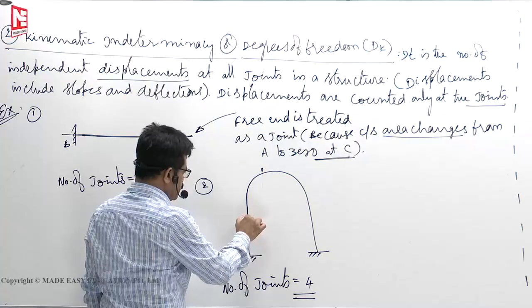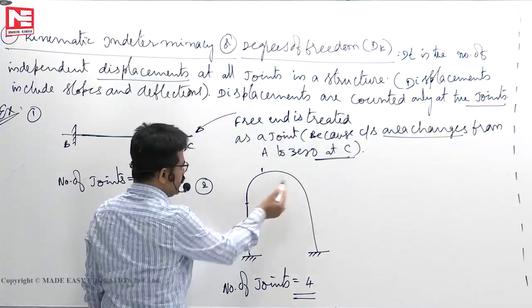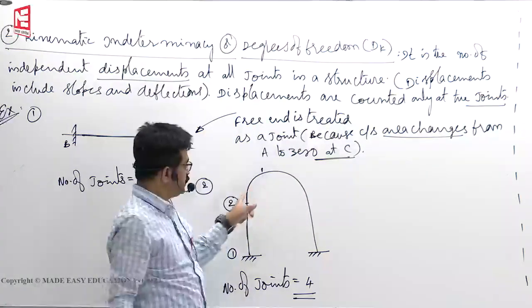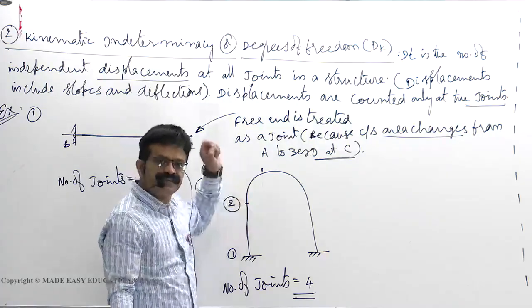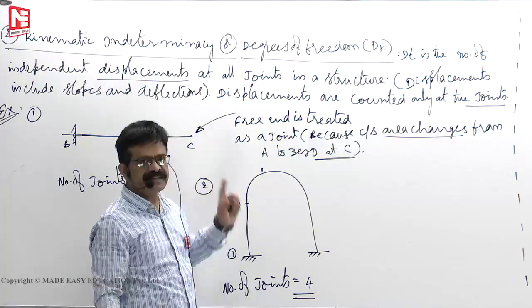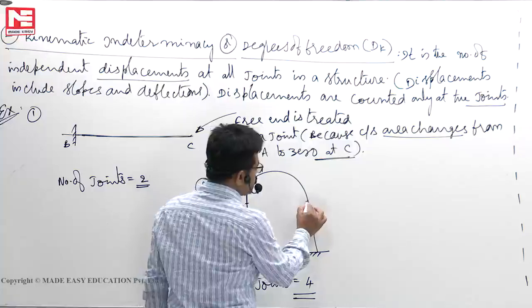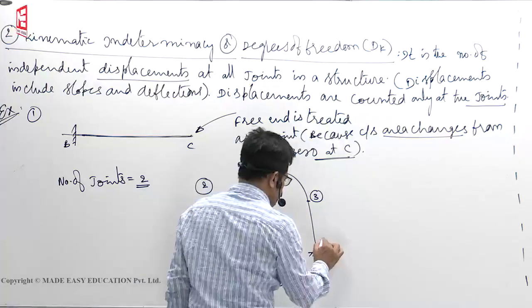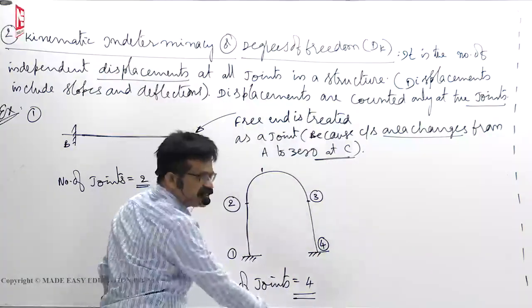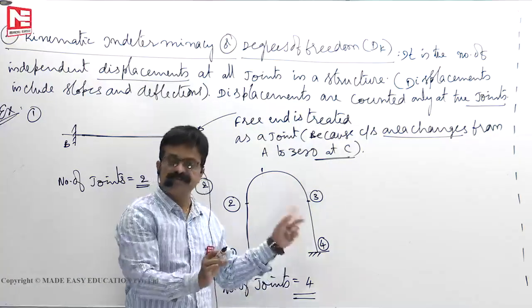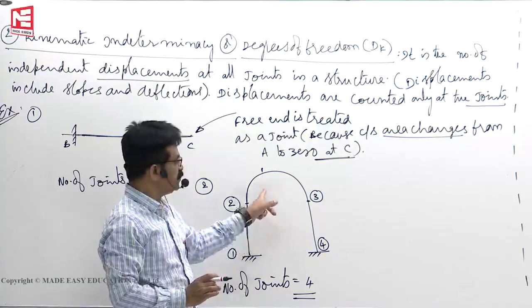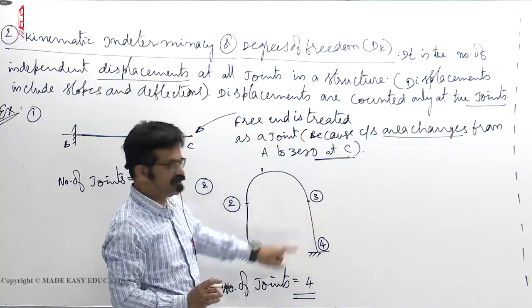See here, up to here it is a straight line. A straight line is meeting a curved member. That means the configuration changed at 2. So wherever the configuration changes, it is treated as a joint. Then the curve meets a straight line. This is the third joint. This is the fourth joint. It looks as if, if you draw like this, only 2 joints are there, but actually 4, because a curve meets a straight line, and here also a curve meets a straight line.